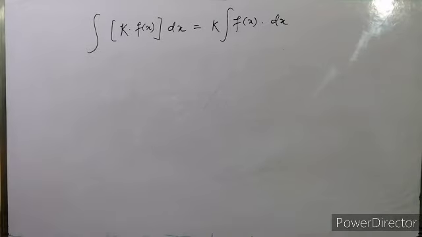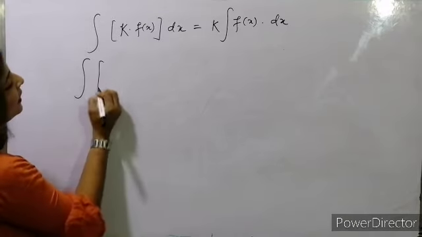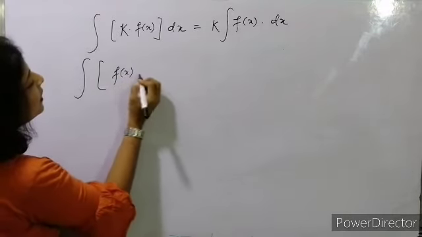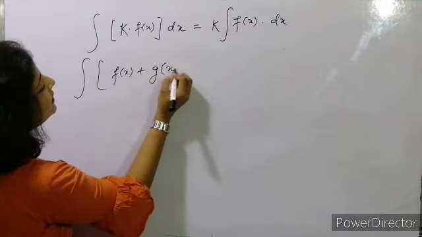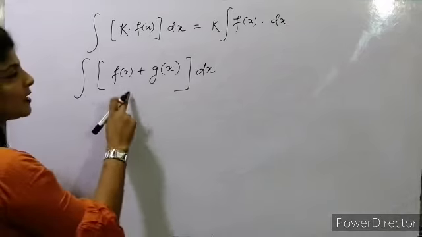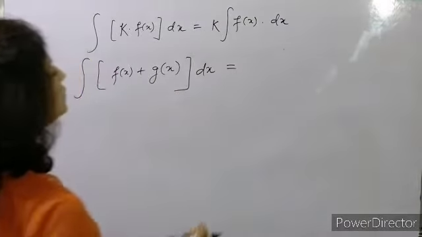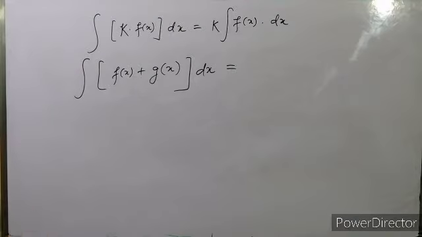Okay, now second one, if we have two functions like f(x) plus g(x), and we have to find out the integral of f(x) plus g(x) with respect to x. So what we'll do, it means we have to break that.